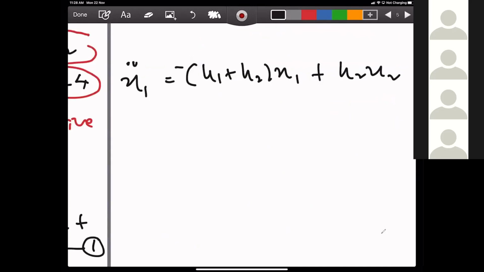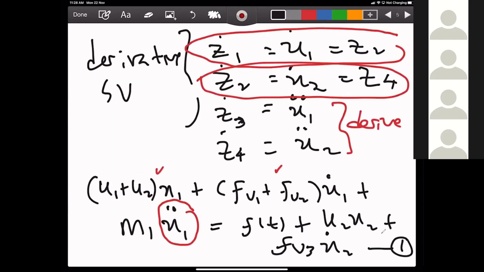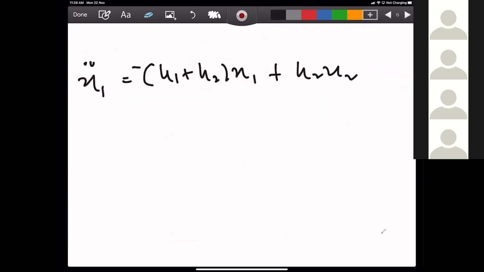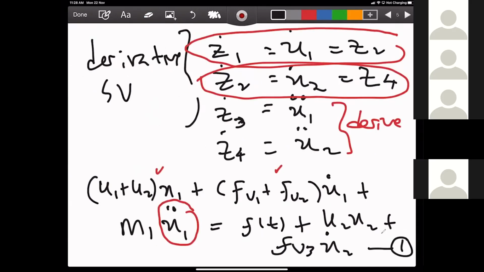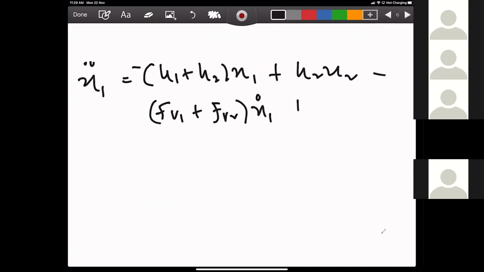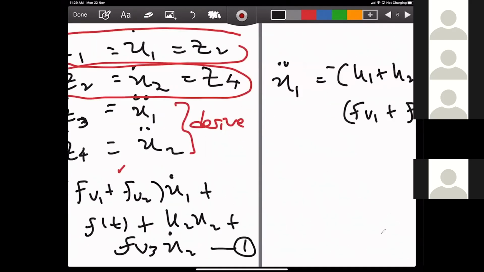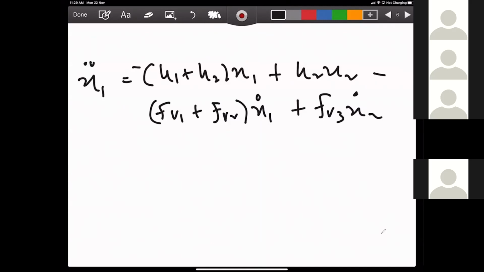Then minus FV1 plus FV2 X1 dot, plus FV3 X2 dot. Macam itu.